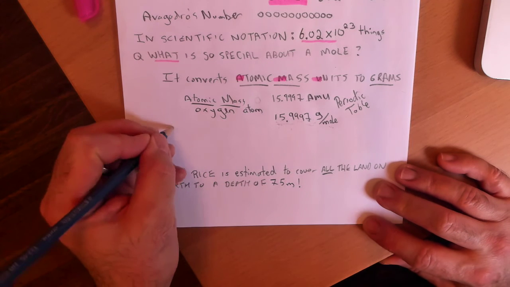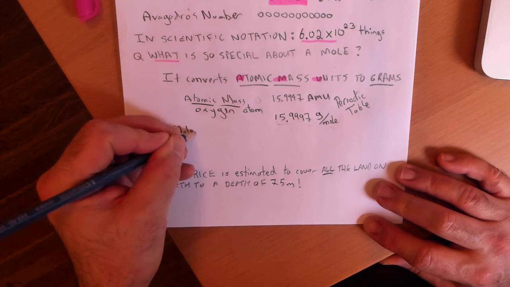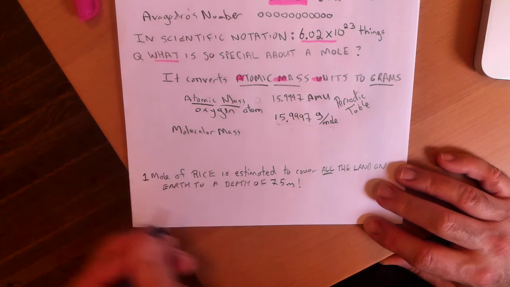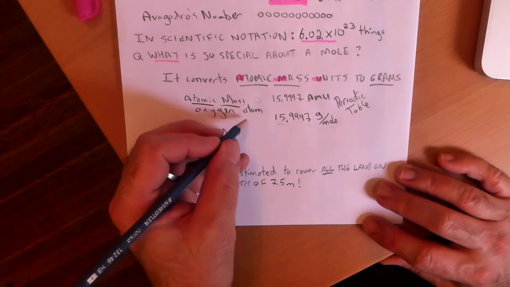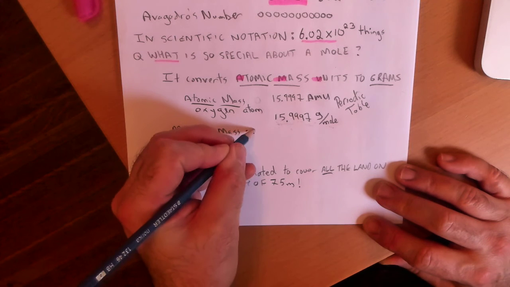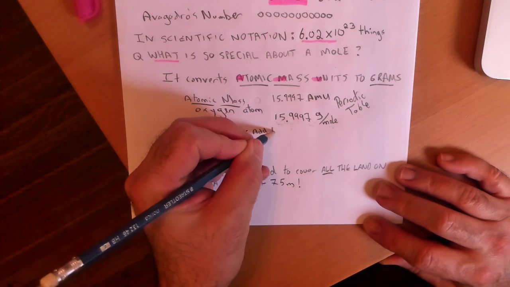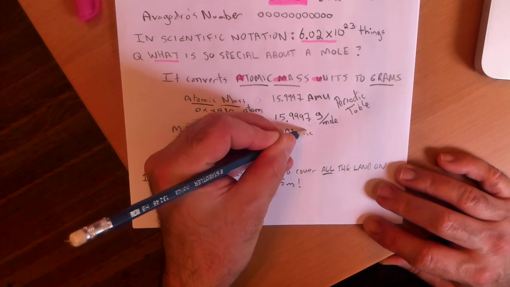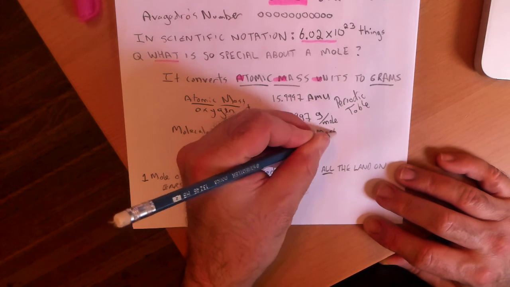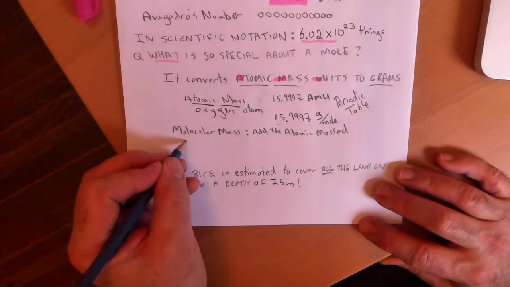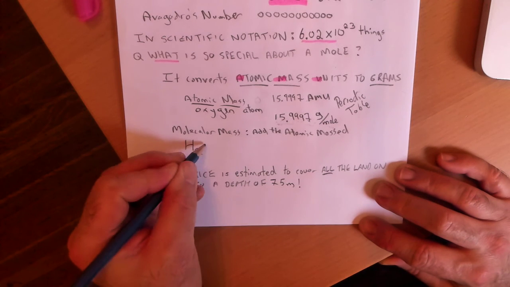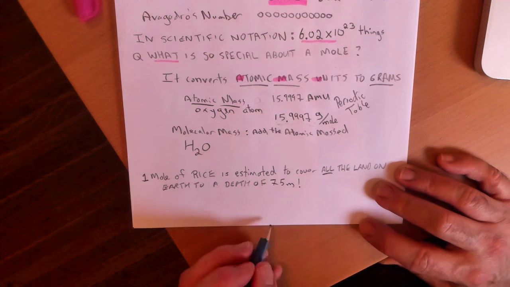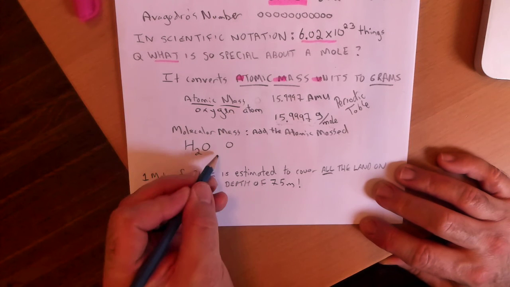Let's say we want to find a molecular mass, or the mass of a substance. We simply sum up, or add, the atomic masses. So for example, water is H2O. Okay? So it's got 1 oxygen, it's got 2 hydrogens.